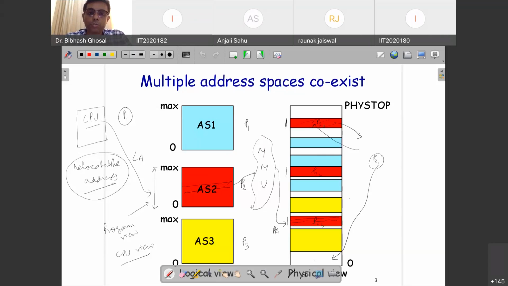So this was how the two address spaces were related. The address generated by the CPU was a logical or virtual address, and the address that it actually got mapped to was the physical address. This was required because we wanted to remove the problem of fragmentation.